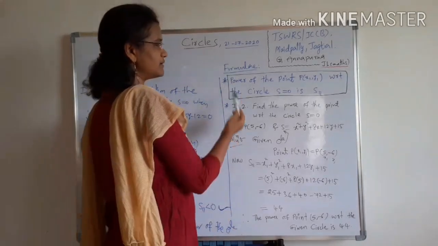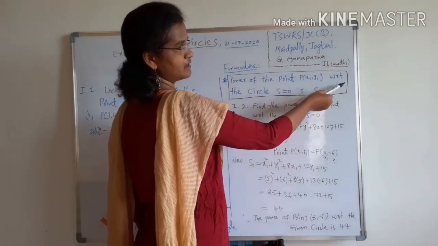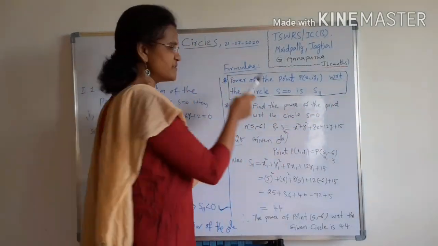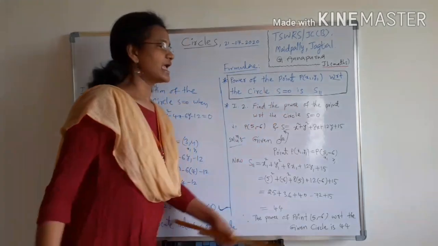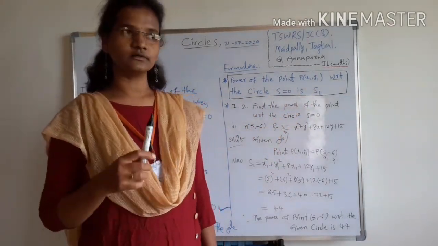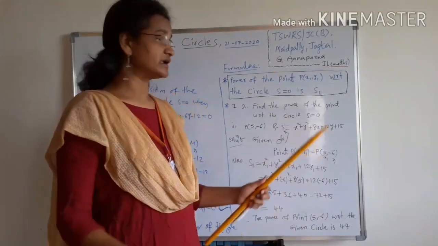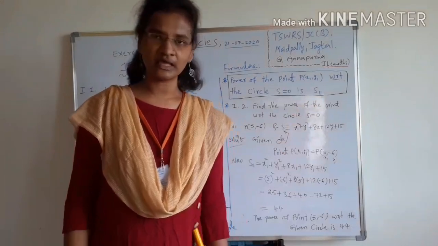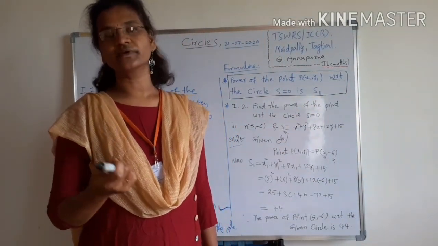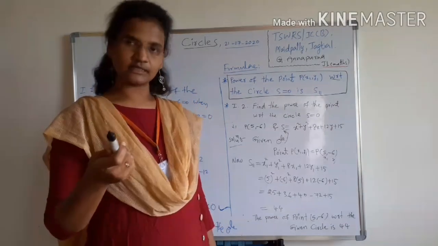See the formula: power of the point P of x1 comma y1 with respect to the circle S is equal to 0 is S11. If you want to find the power of a point, then you have to find out S11. What is S11? x1 square plus y1 square plus 2gx1 plus 2fy1 plus c.